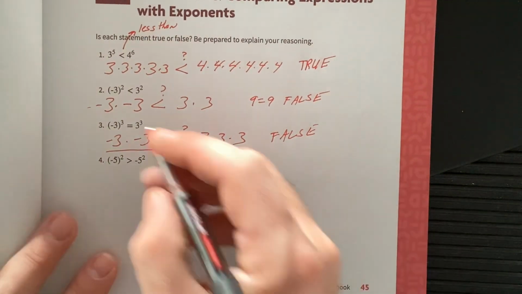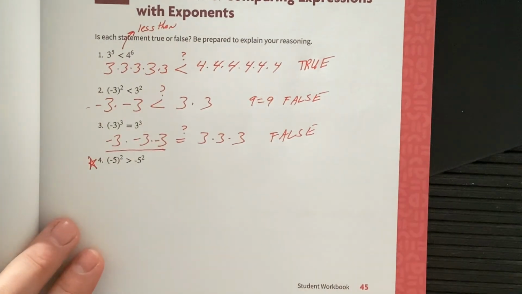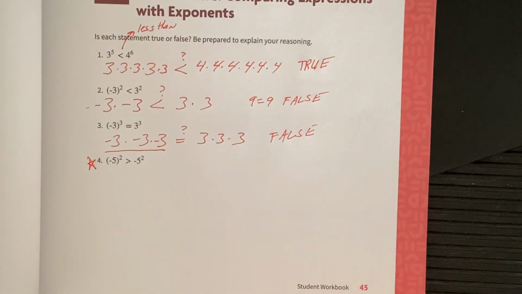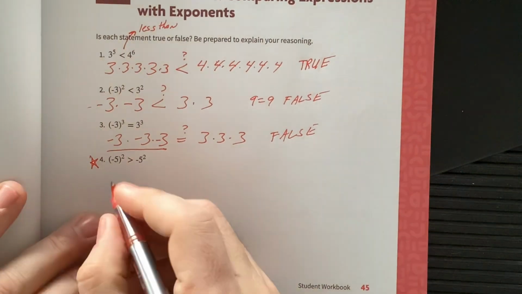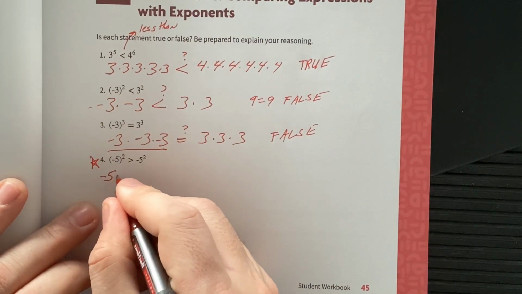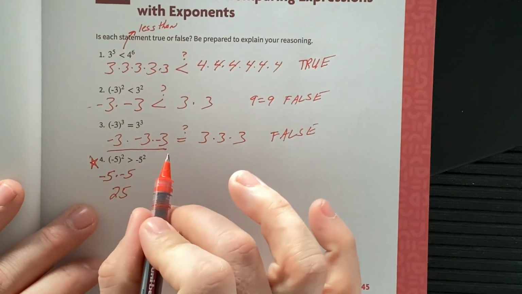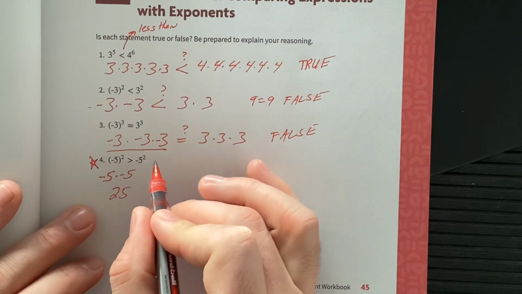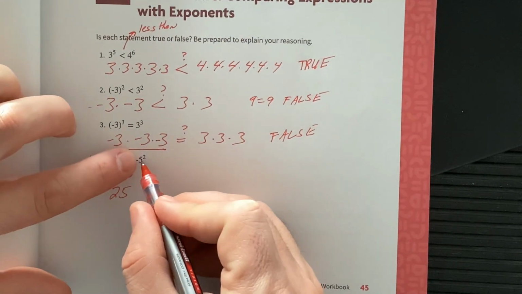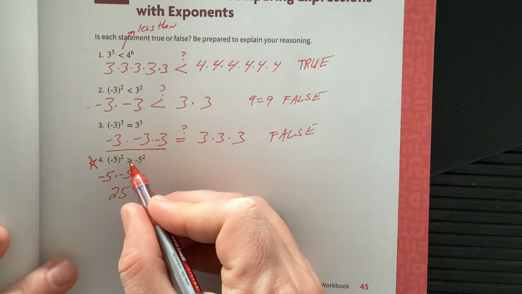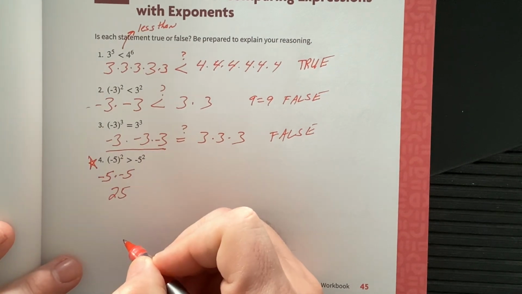All right, question number 4. Put a little star by this one. This is a very common mistake. People think that those are the exact same thing. Okay? On the left side, it does mean negative 5 twice, which is, of course, 25. On the right side, though, because there are no parentheses, I got to follow the order of operations. It's 5 squared, and then a negative sign in front of that answer.